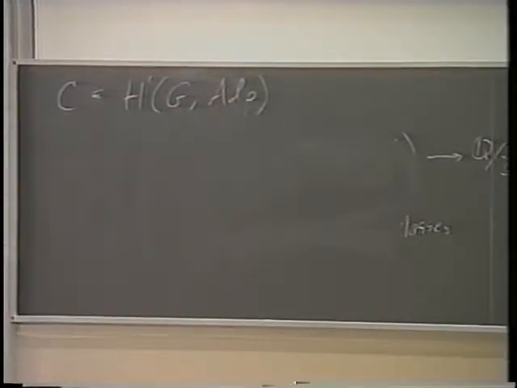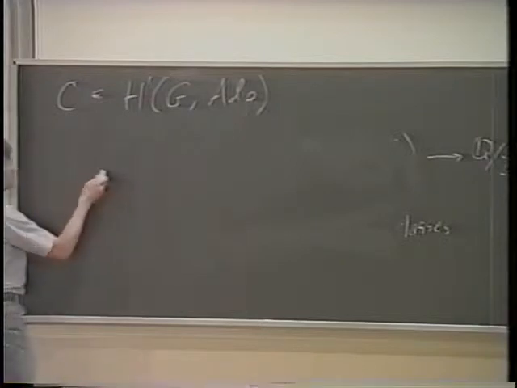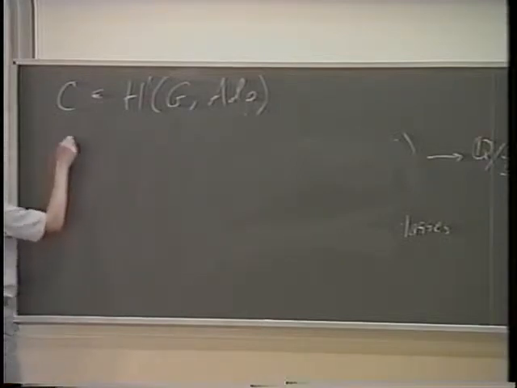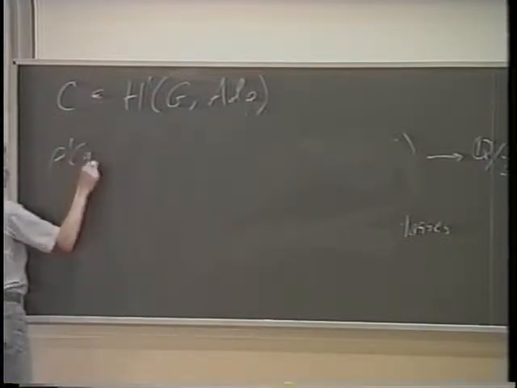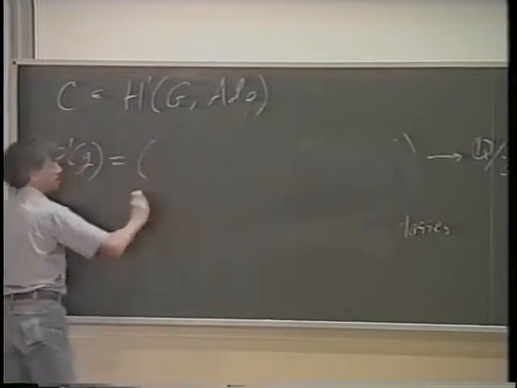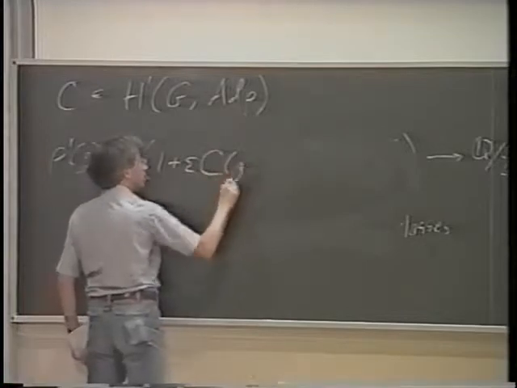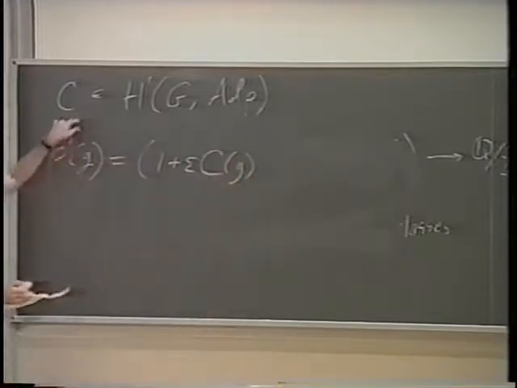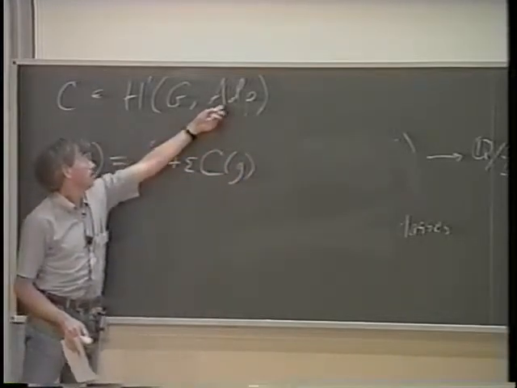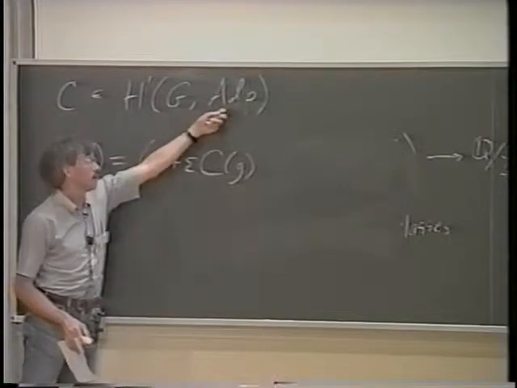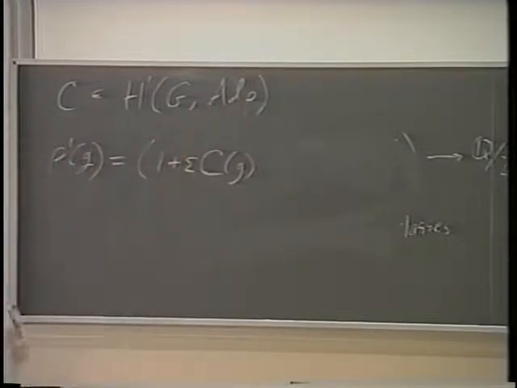They're actually crossed homomorphisms. So we have this map rho, and we define rho prime of an element of G, well, there's a couple different ways you could order this, as 1 plus epsilon C of G. Remember, C of G is just an n by n matrix. This is really just n by n matrices written in a fancy notation.